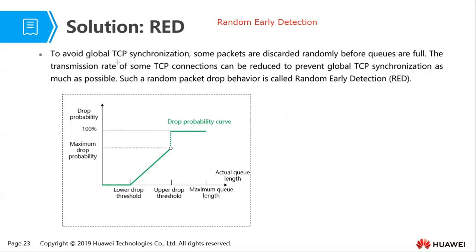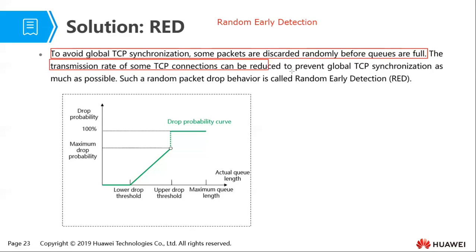To avoid global TCP synchronization, some packets are discarded randomly before the queues are full. So the transmission rate of TCP connections can be reduced to prevent global TCP synchronization as much as possible. Such a random packet drop behavior is called random early detection.